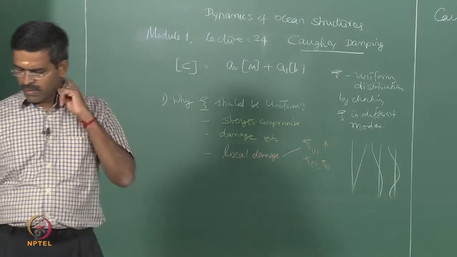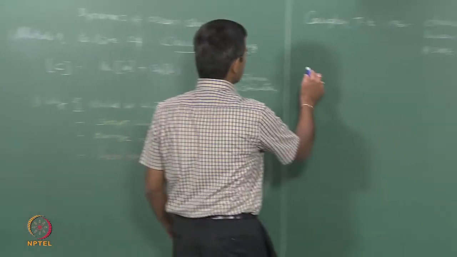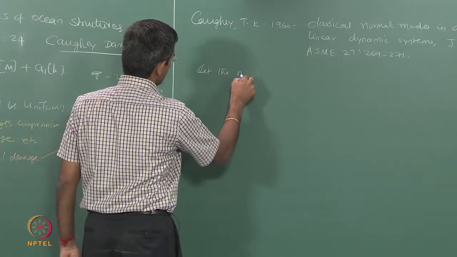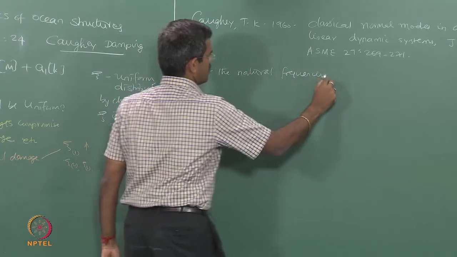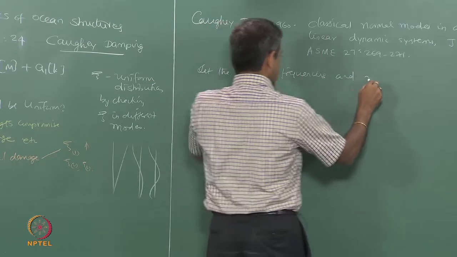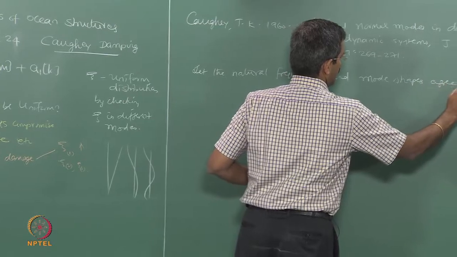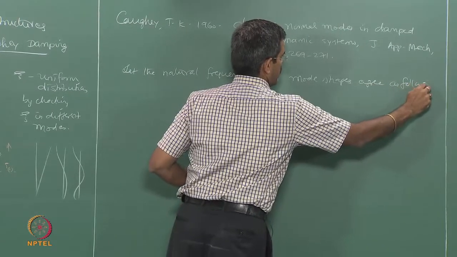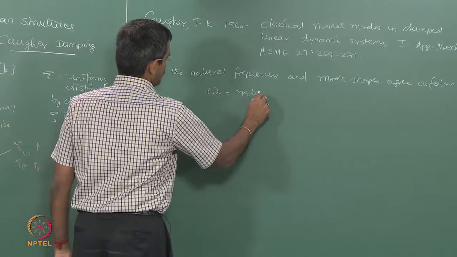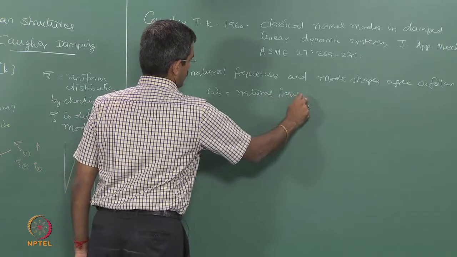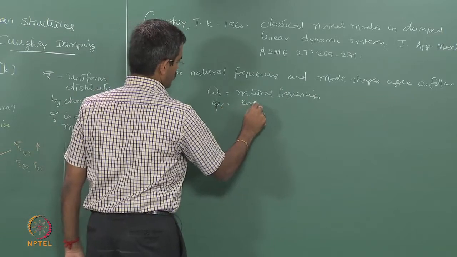So, considering this, let the natural frequencies and mode shapes agree as follows: omega r are the natural frequencies and phi r are the corresponding modes.